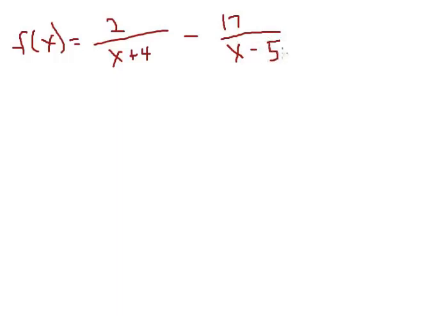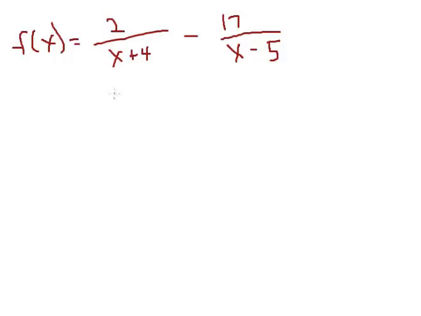All right, now we've got a function with two parts, which is fine. The only thing is we can't have any denominator equal 0, because as long as one denominator equals 0, the whole thing becomes messed up. The whole thing becomes undefined. It's impossible.